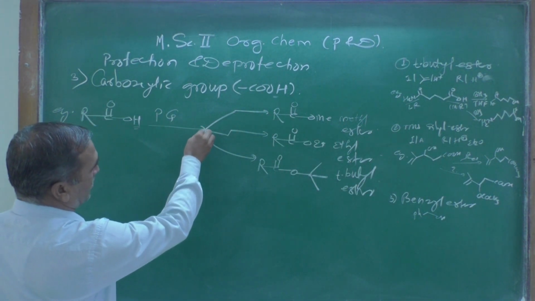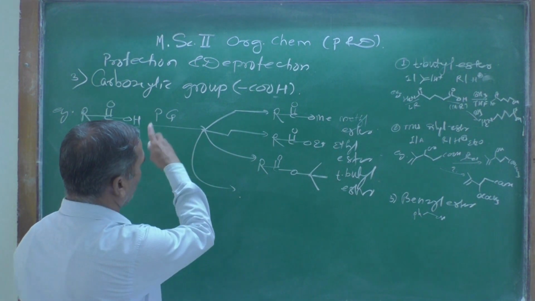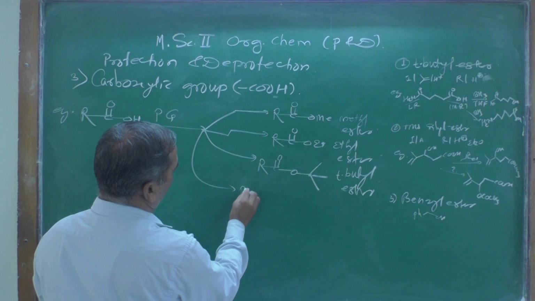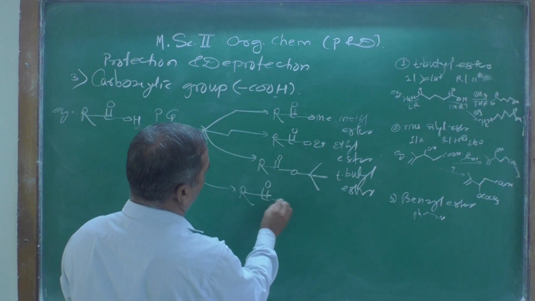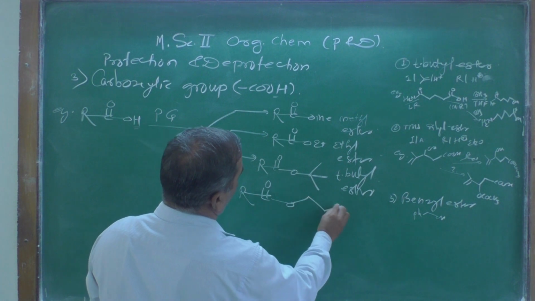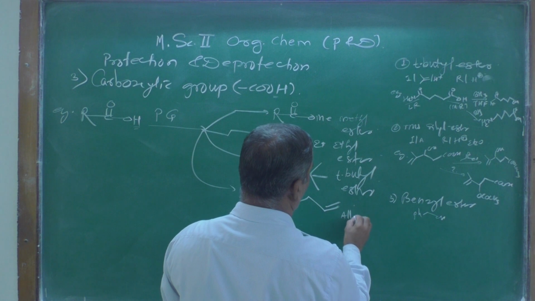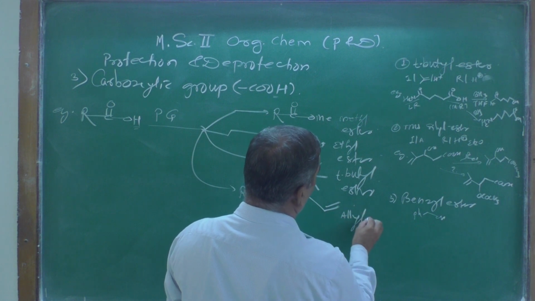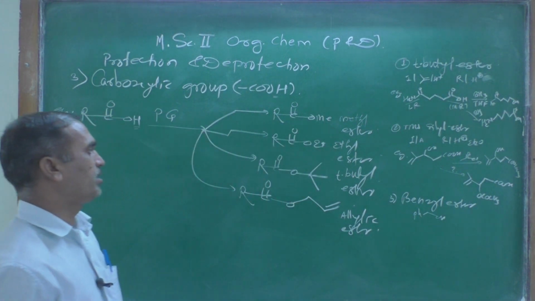Or you can treat with some other protecting group so that you get here R C double bond O, then O, and this is an allylic ester. You are getting an allylic ester formed here.